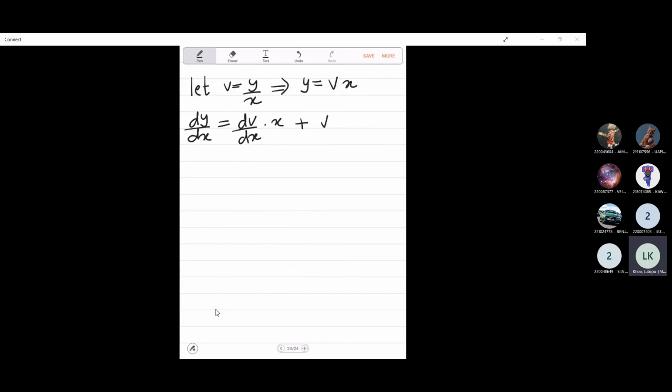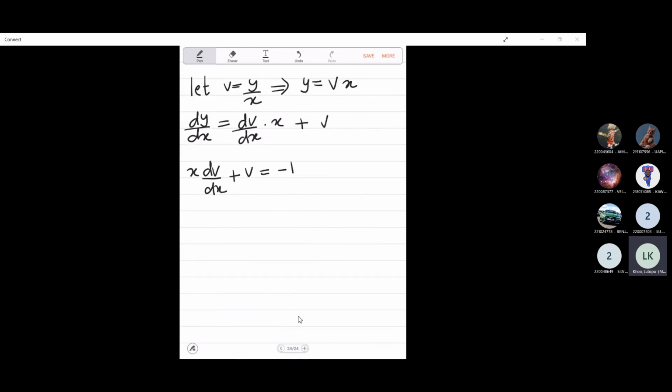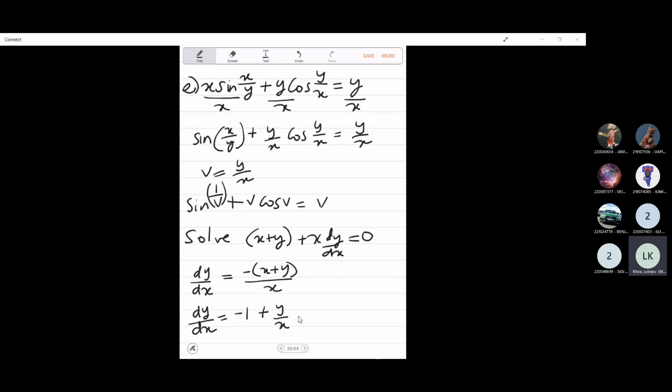Instead of writing dy/dx, I'll write x dv/dx plus v, and then on the other side I have minus (1 plus y over x), which is equal to v. So minus (1 plus v). Sorry, this is minus v.